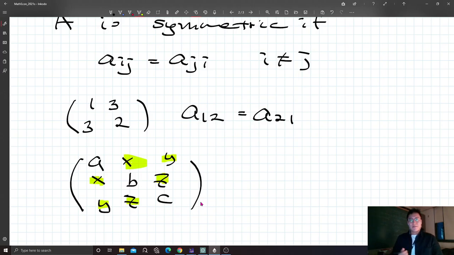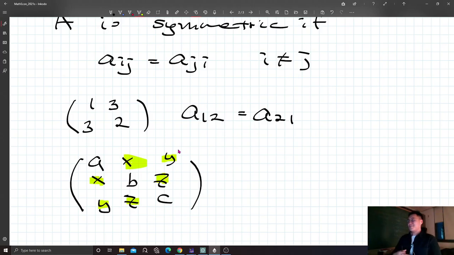By the way, a symmetric matrix, just like an identity matrix, can only be defined for square matrices. For a symmetric matrix, it's quite evident that each column is the same as each row.